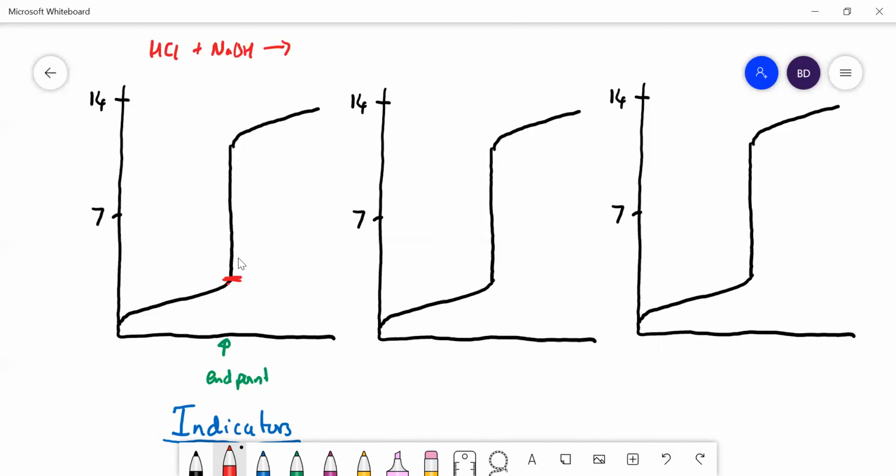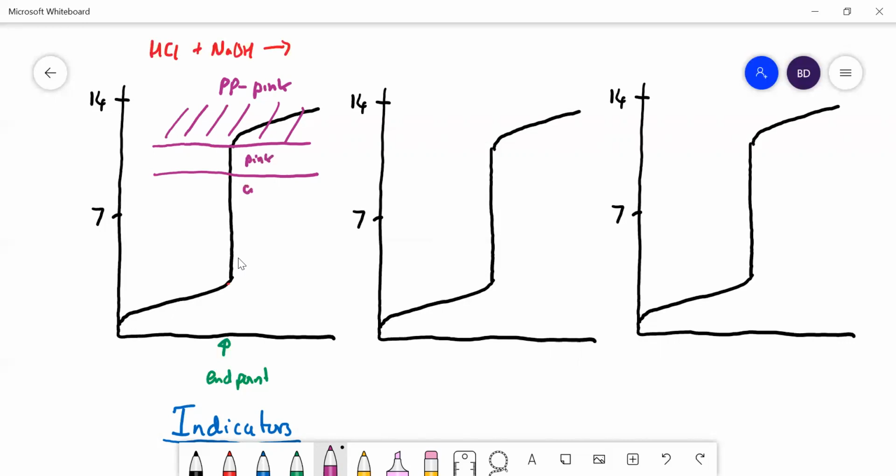So if we look at phenolphthalein, phenolphthalein actually changes around high up here. Right, when you're in this part of the spectrum, phenolphthalein, I'll just call it PP, that's pink, pinky purple. Here in this region it's a mixture, it's pink, and here it's colorless.